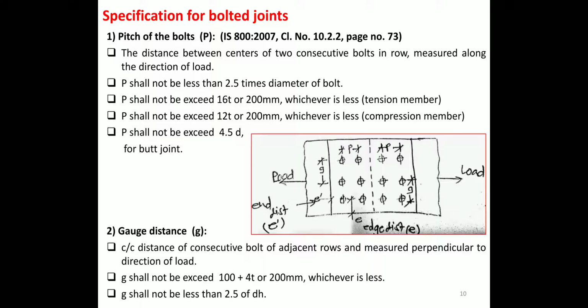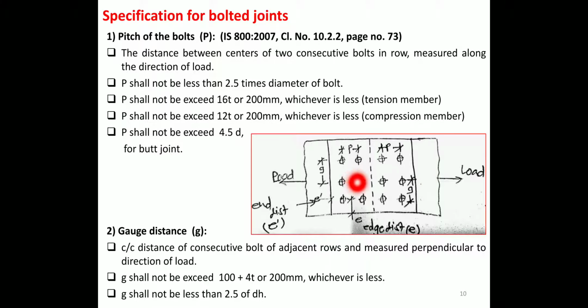Pitch distance is, for example, when two bolts are placed row-wise, here one bolt is there and here the second. The center to center distance between any two bolts is known as the pitch. It can be defined as the distance between the centers of two consecutive bolts in a row, measured along the direction of force or load. Pitch distance is always measured in the direction of load or force.